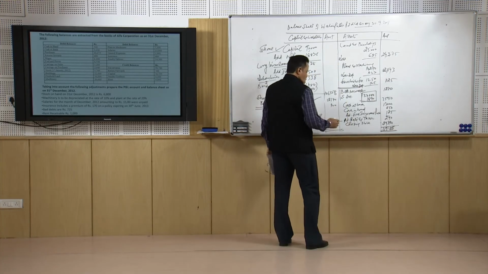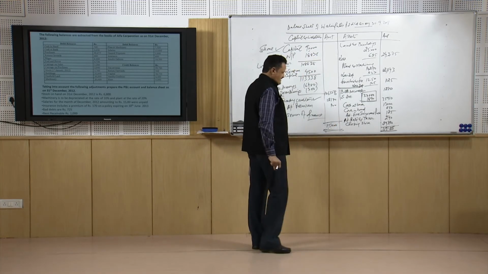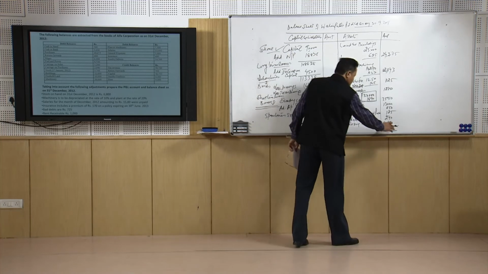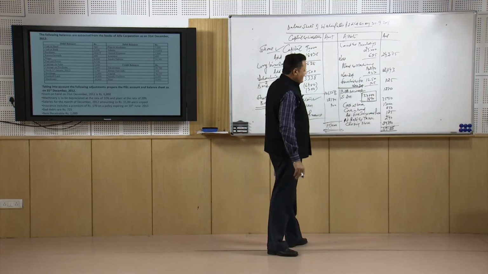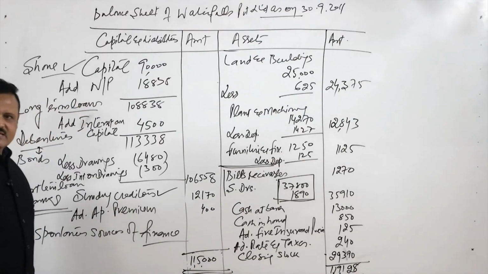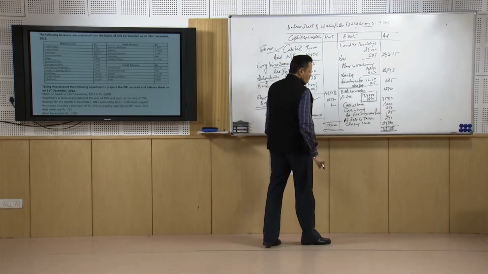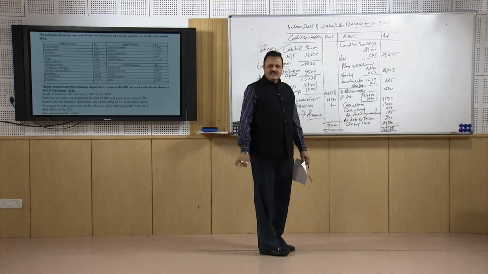So it means you have properties worth 1,19,128. You have liabilities of only 1,15,000. It means you have assets to the tune of 4,128 more than the liabilities of the firm.